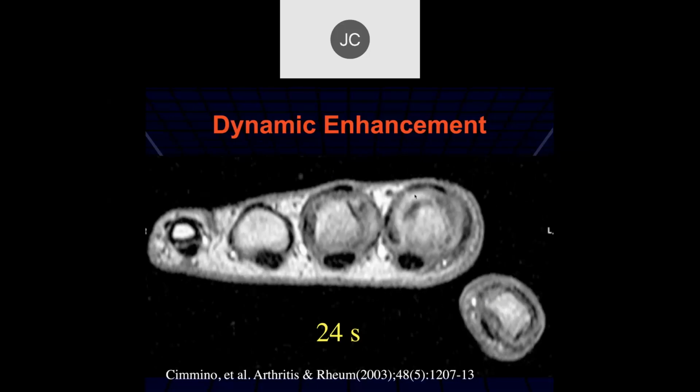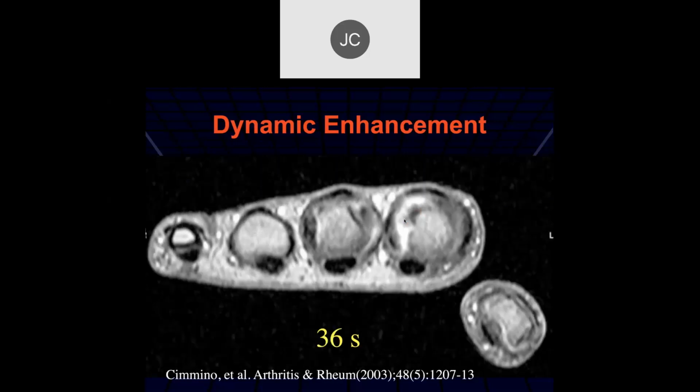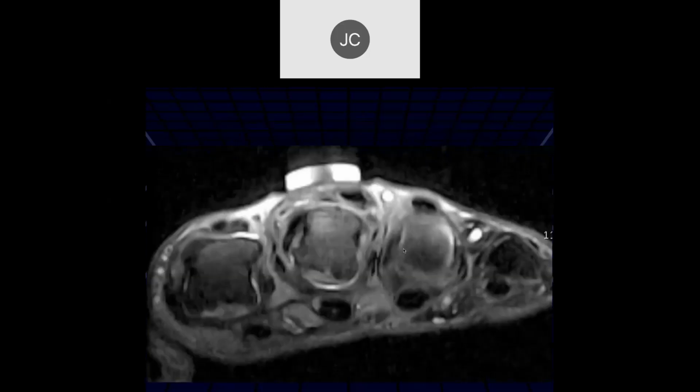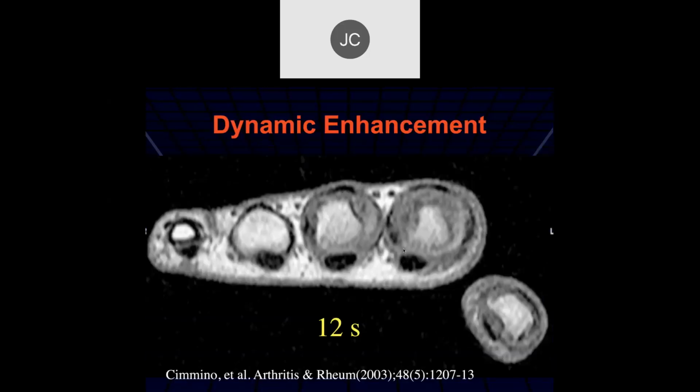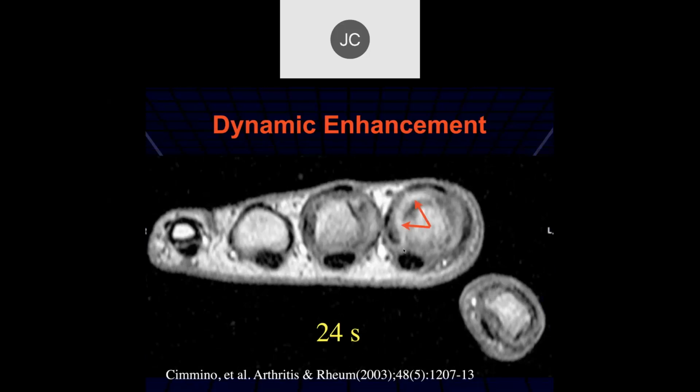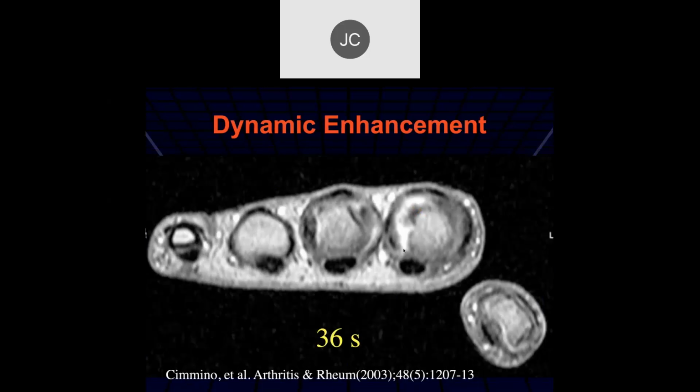At 24 seconds, we start to pick up contrast enhancement in the area where you have the synovial changes. At 36 seconds, it became much more prominent here, and this is the typical finding that you can see in early aggressive inflammatory disease.